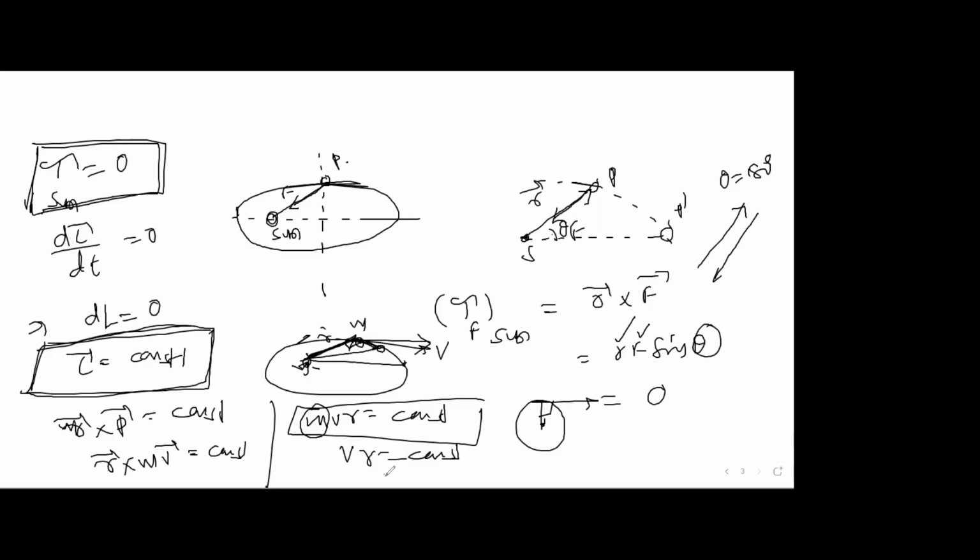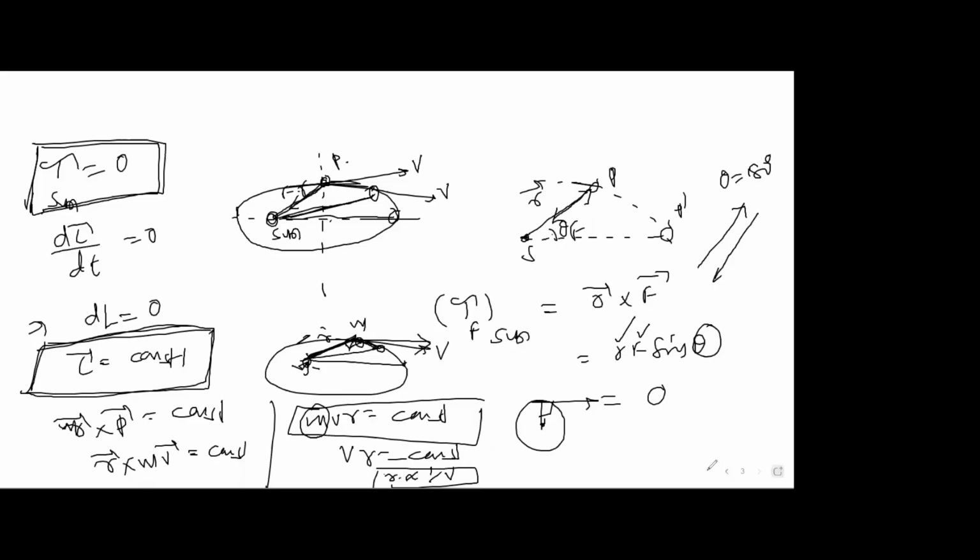From this, r is inversely proportional to v. What is the meaning of r? This r is the distance of the planet from the sun. In an elliptical path this value keeps changing. When r is small, v is larger, because v into r is constant. And when r is larger, farther from the sun, the v value is slow. r into v is constant, so when r is large, v is slow.